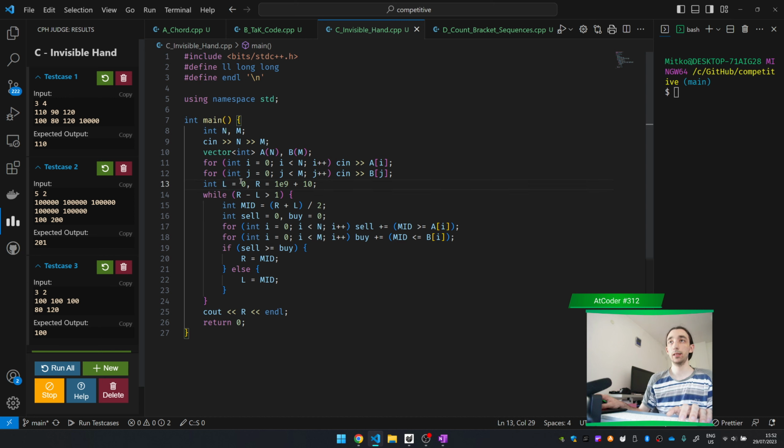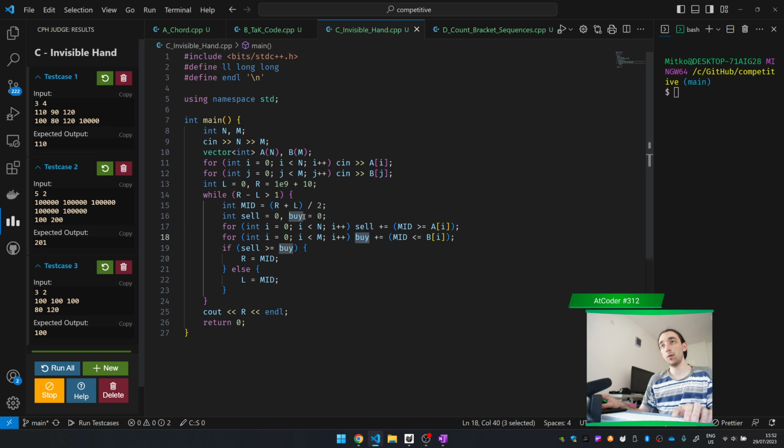So L here is an invalid point, and R is a valid point. We know that if the difference between R and L is bigger than 1, we're going to do this. So binary search: we find the midpoint, and we count how many sellers will sell if the midpoint is the cost of the product. If the cost is bigger than this, then the sellers will sell.